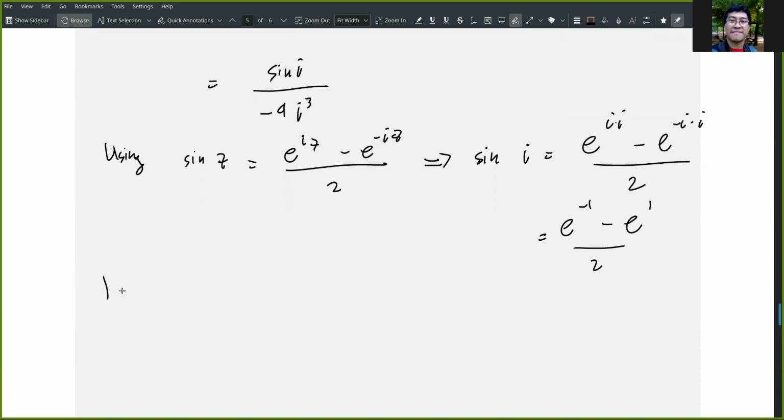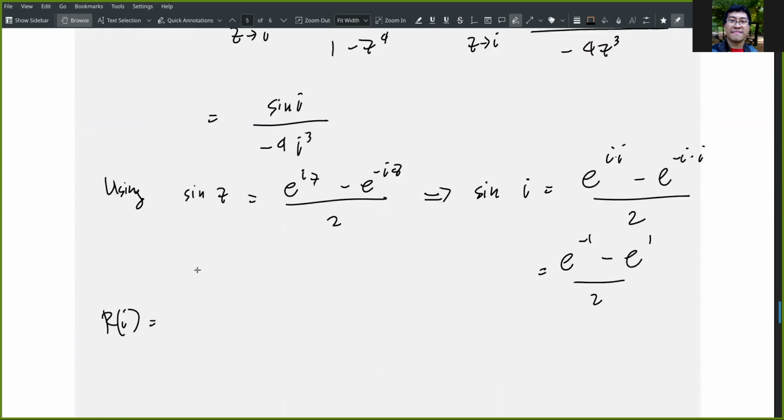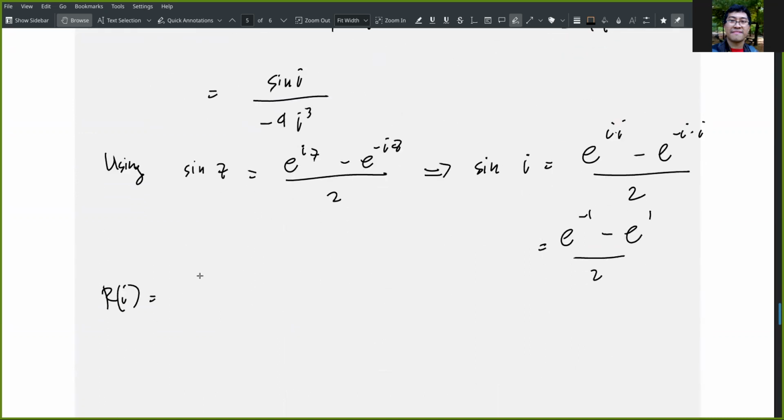So you write R at i as e to the minus 1 minus e to the power of 1, over 2i, times 1 divided by negative 4i cubed.